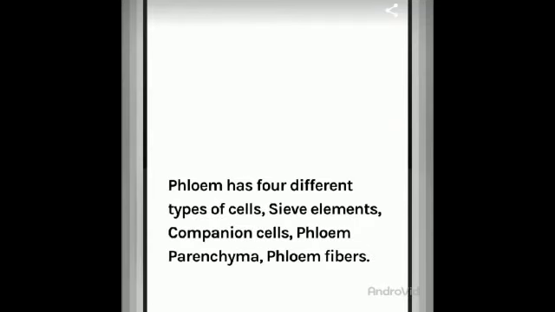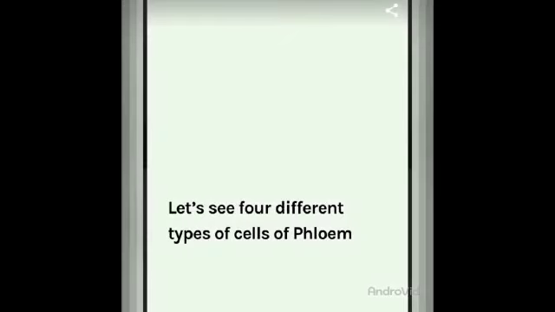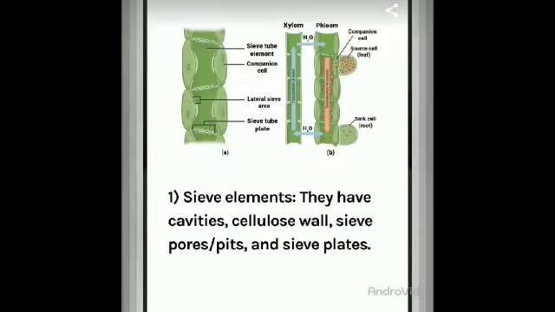Now phloem has four different types of cells. These four types of cells are sieve elements, companion cells, phloem parenchyma, and last is phloem fibers. Let's see one by one the different parts of the phloem.